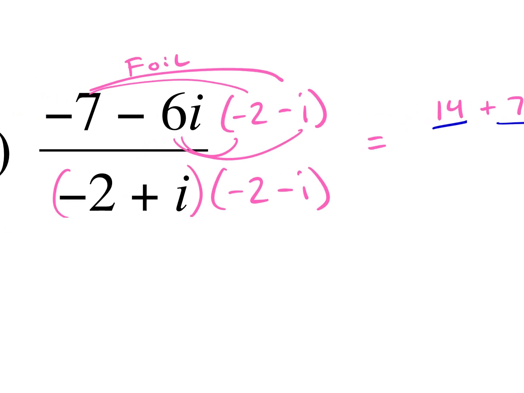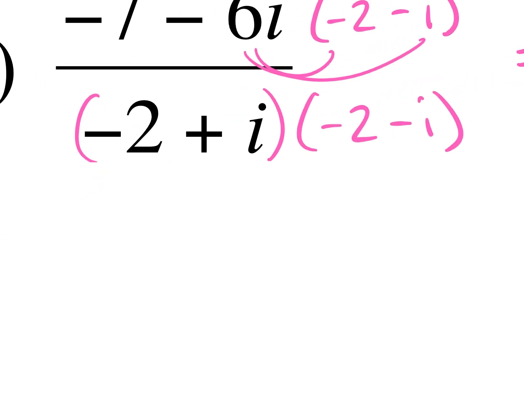All right, let's do the bottom. So at the bottom, you can FOIL. Foiling works, or you could use your conjugate shortcut, a squared minus b squared. Always minus in the middle. So negative 2 squared minus i squared. What's negative 2 squared? 4.